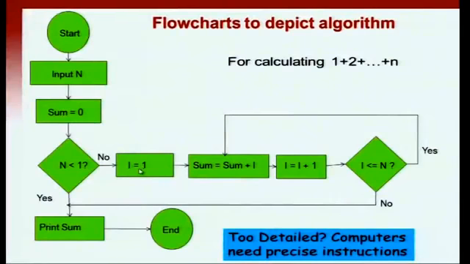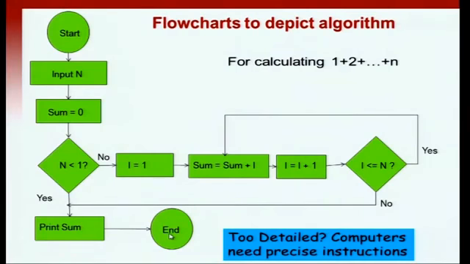So increment a counter from 1 all the way up to n. You start with i equal to 1, then add the ith number to the sum and then increment i. If i is already n, then you are done. If i is not n, then you go back and do the sum all over again, until you hit i equal to n. When you reach i equal to n, you come out of the loop, print the sum, and end the program.